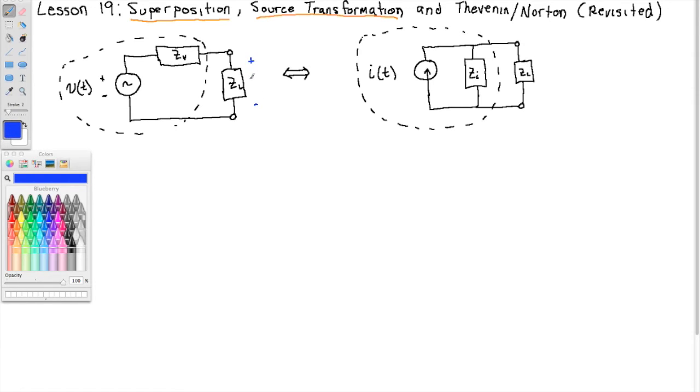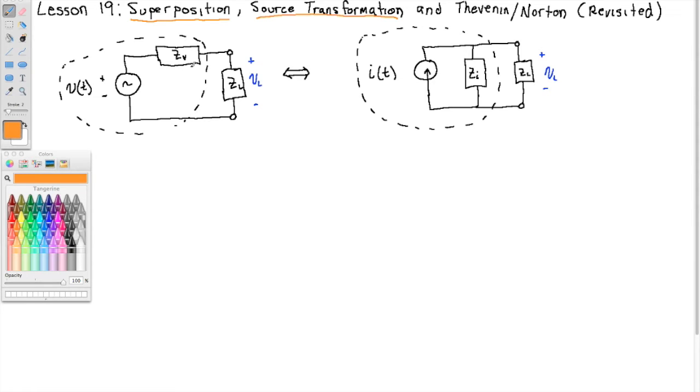We'll call it VL for load, and I have a voltage across here, VL. So if the transformation is to be equivalent, then the voltage across the load, because it is external to the dashed box, has to be the same in both cases. No matter what ZL is, the voltages have to be the same in these pictures.